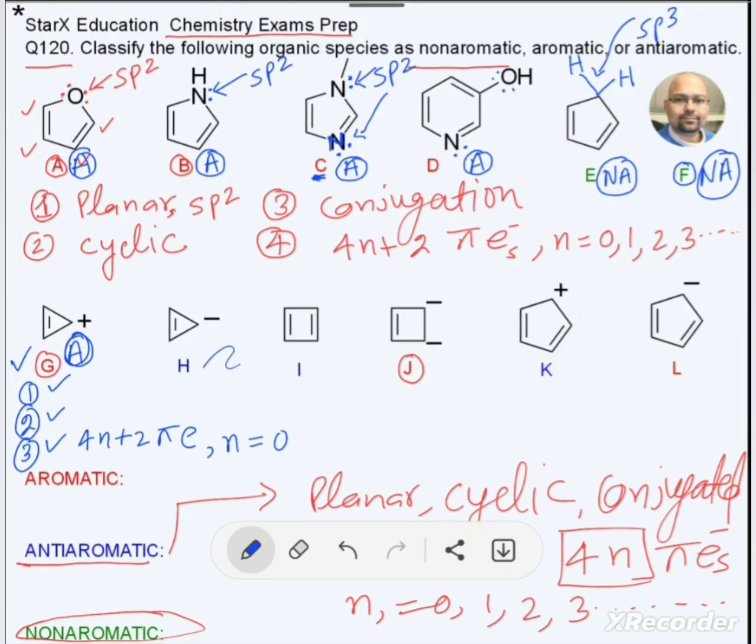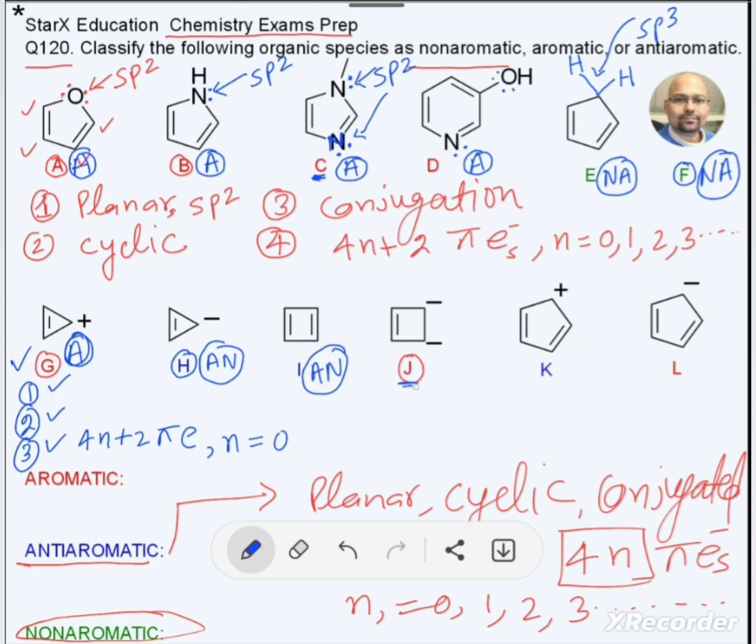Next one is species H. So H is planar, it's cyclic, and it has conjugated 4n pi electrons, and therefore this one becomes antiaromatic. Now the species I, this one is again antiaromatic because it is planar, cyclic, and it has 4n conjugated pi electrons. So this is also antiaromatic.